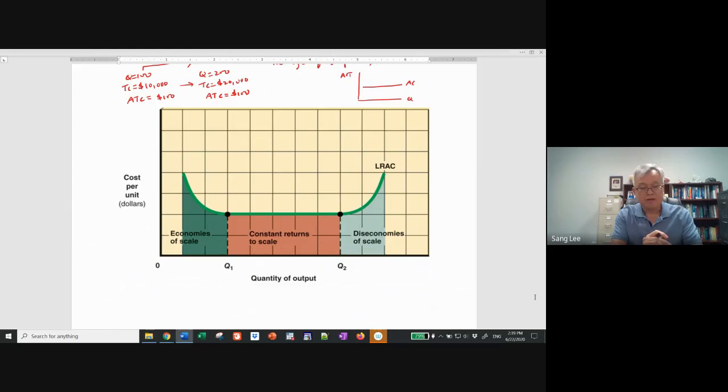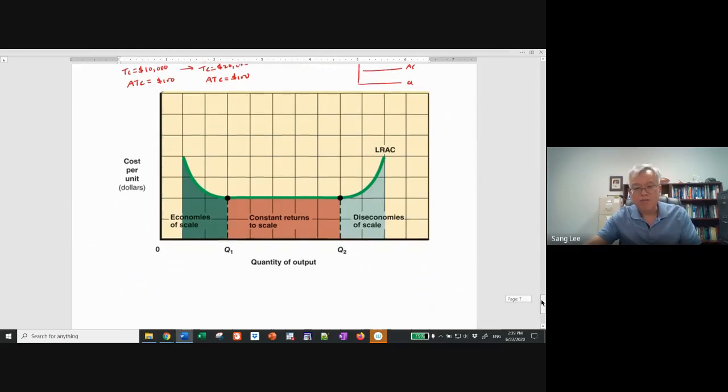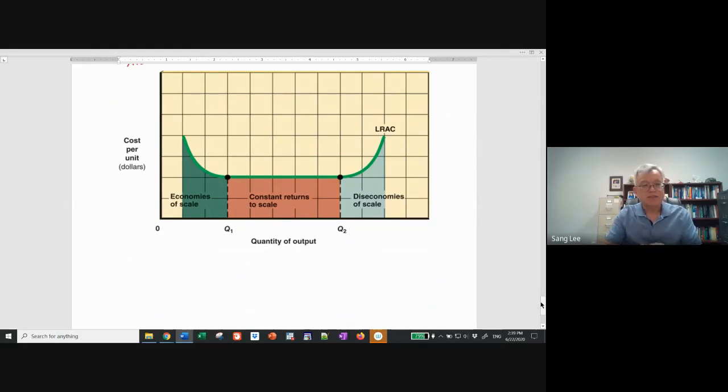Because when firms are operating on a larger scale, it allows their workers to specialize in a specific production process. So he used an example of a pin factory.